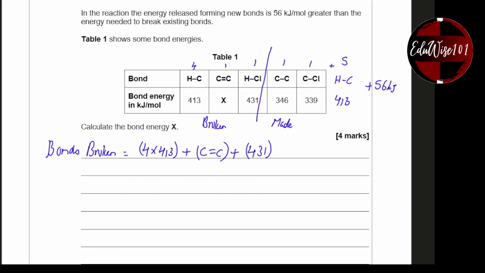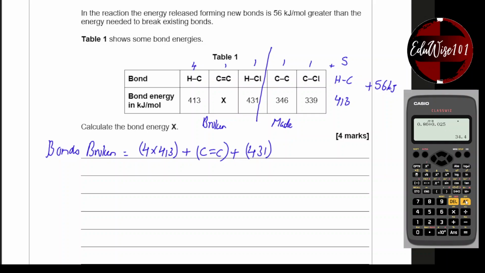So let's bring in the calculator for this. 413 times 4, 1652, add 431, that's 2083. So that's 2083 plus the carbon-carbon double bond.